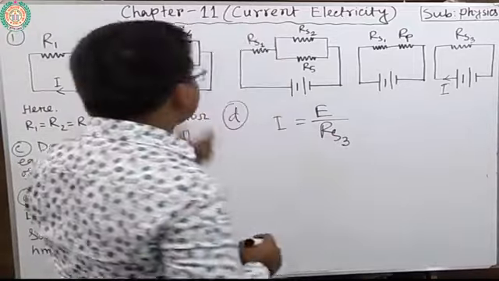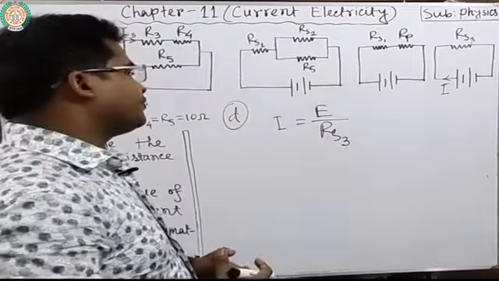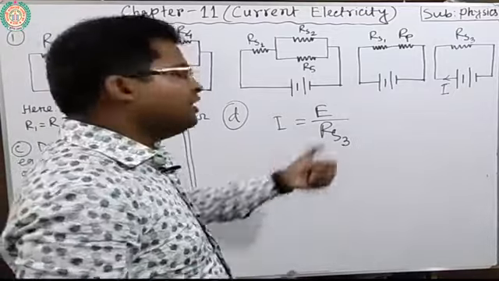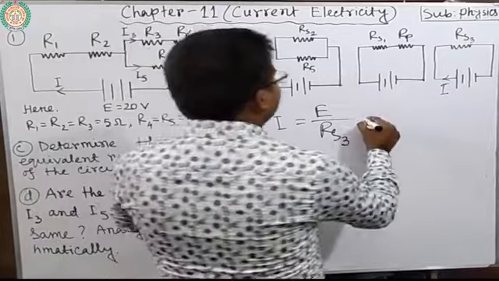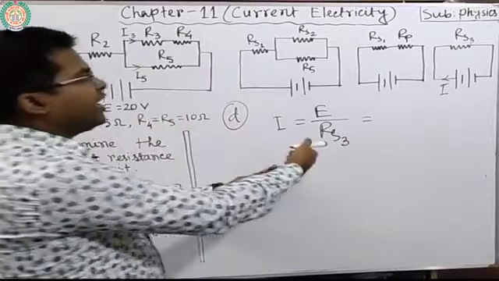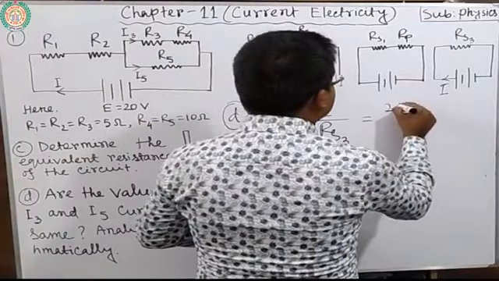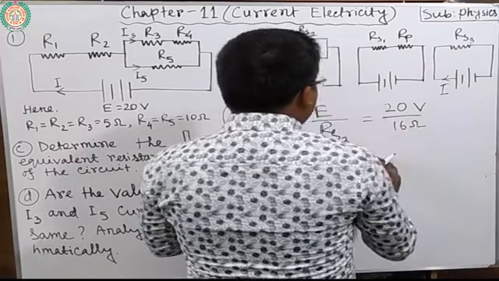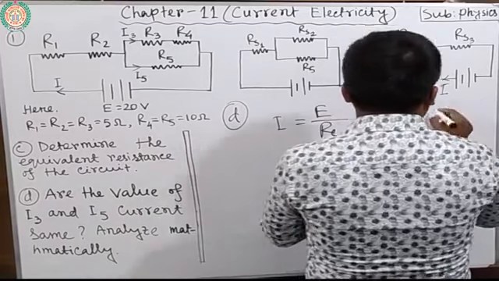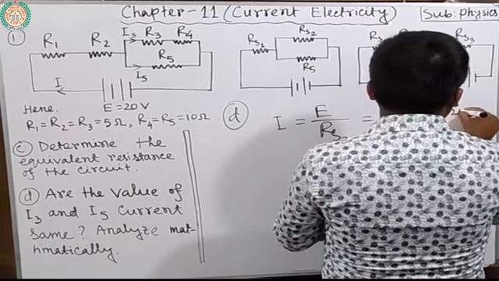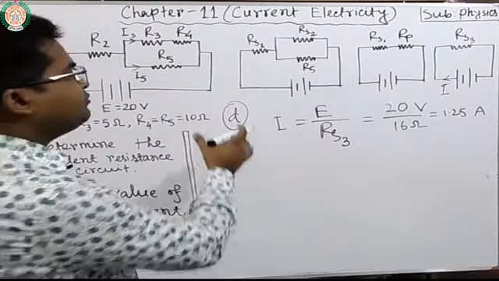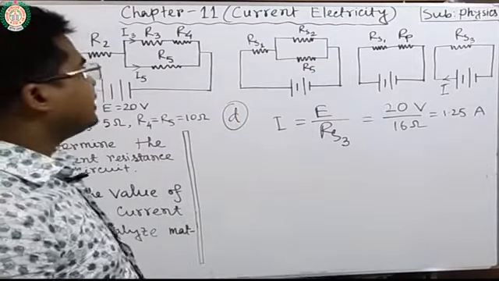But as the internal resistance is not present here, it's not necessary to write the small r. So the value of E is given here as 20 volt and RS3 is 16. 20 volt divided by 16 ohm, the value of I will be 1.25 ampere. Okay, dear students, this is the value of the main current, 1.25 ampere.